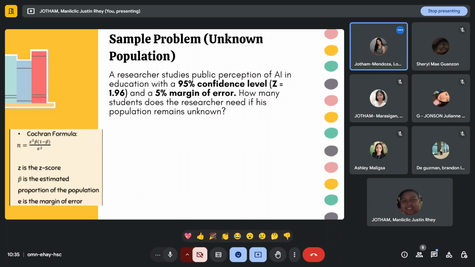Okay, correct. Now that we have all the given, let's substitute the given values to the variables in the formula. So get your calculators again and compute. What would be the final answer?